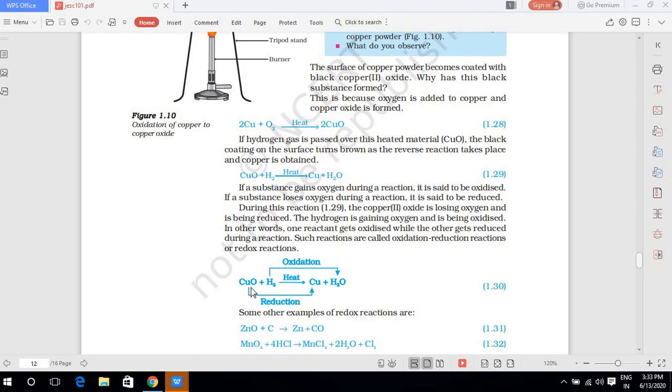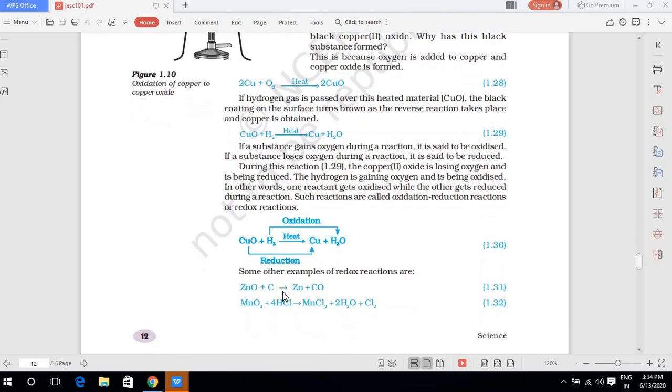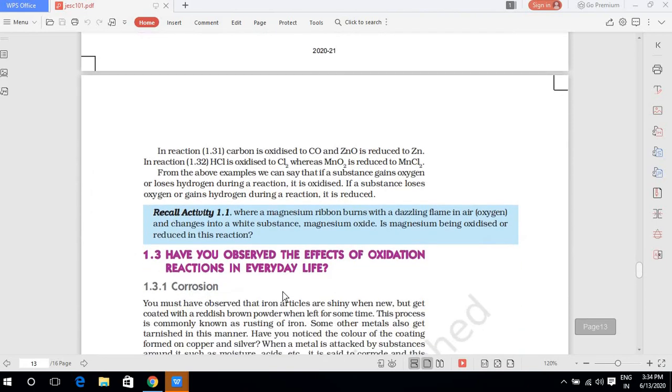So this copper oxide is reduced, it has undergone the reduction reaction. But the hydrogen gains oxygen, so it is called an oxidation reaction. And both oxidation and reduction happening in the same equation will be called a redox reaction. As simple as that.